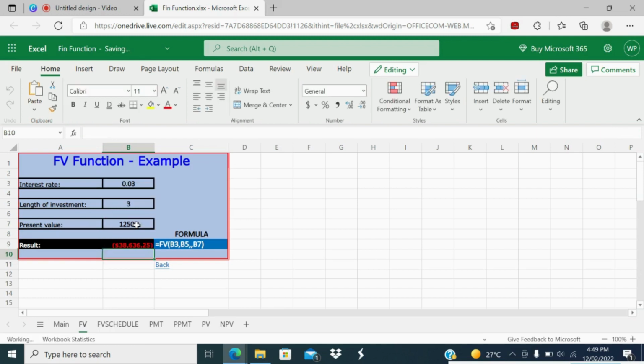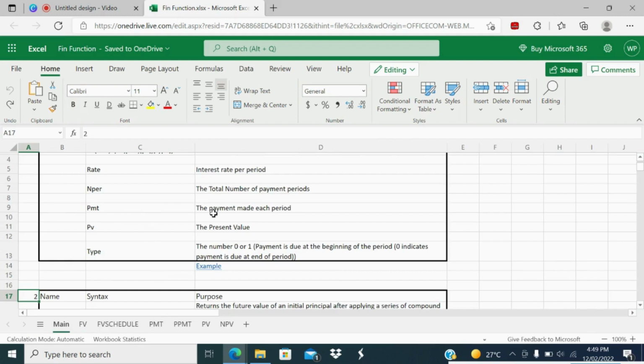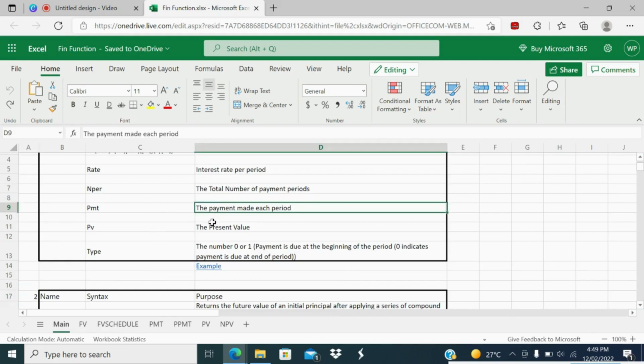So here the future value of this investment is 38,000. This is wrong actually. Here there is one more argument, that is called PMT, the payment made each period.